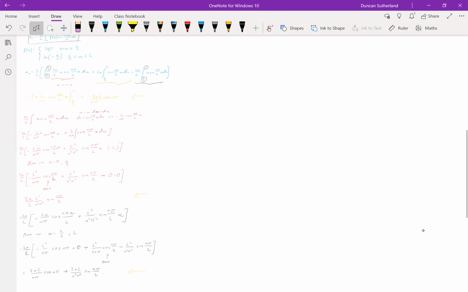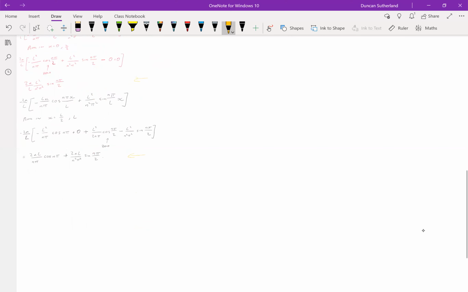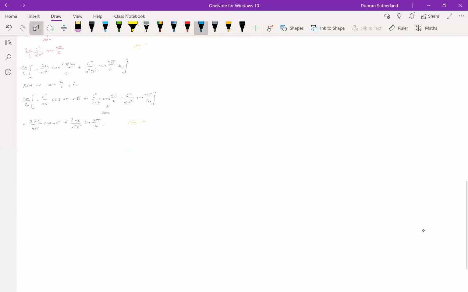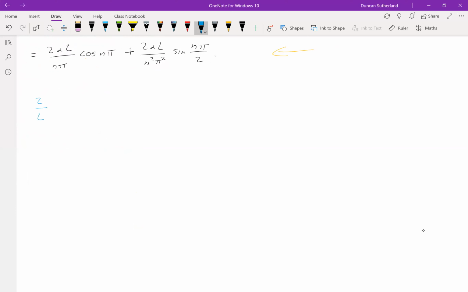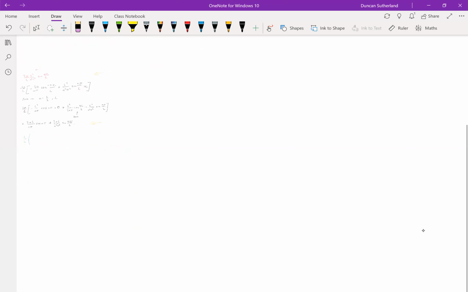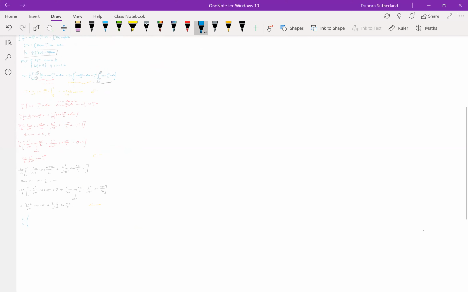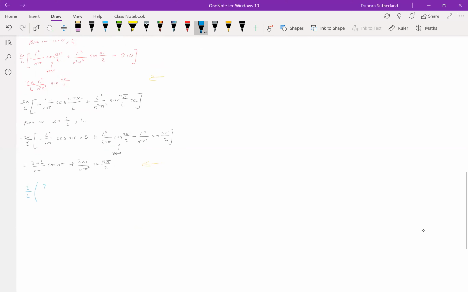And of course, multiply by the 2 on L out the front there. Oh no, wait, sorry, the red one is the first one in sequence, so 2 alpha on L squared, n squared pi squared, L sine n pi on 2.